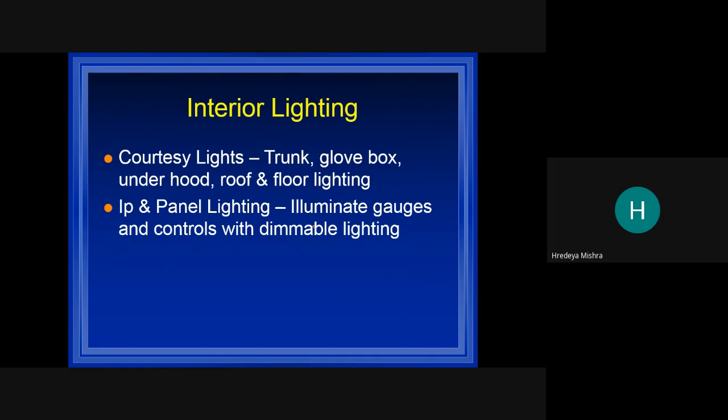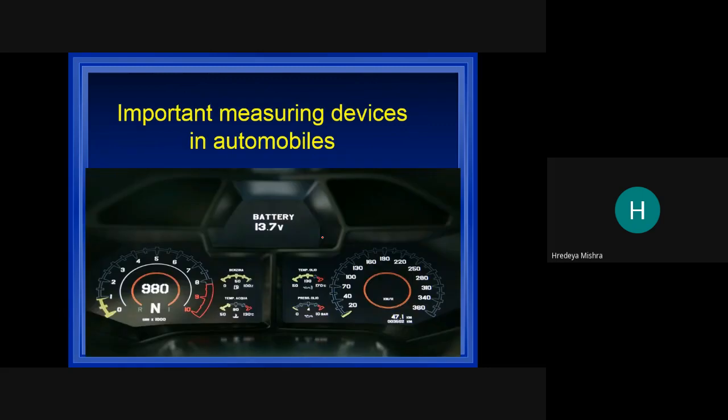What happens when we play the music system, when so many switches are there, so around the switches lighting is there. So these are the interior lights, roof lights, and they are used in this interior system.